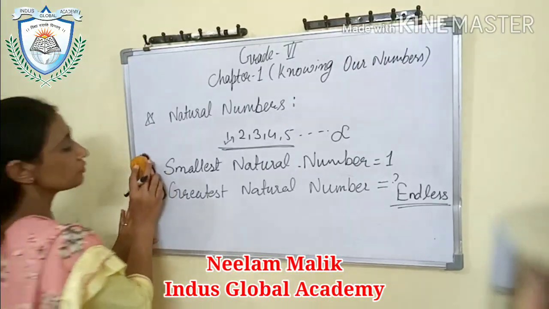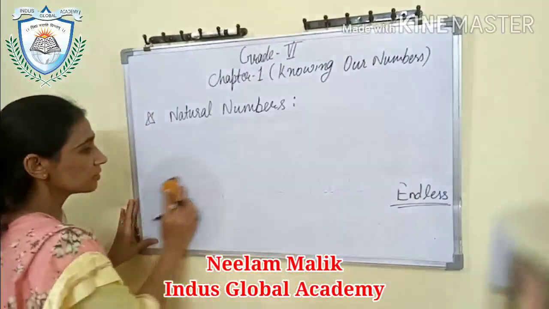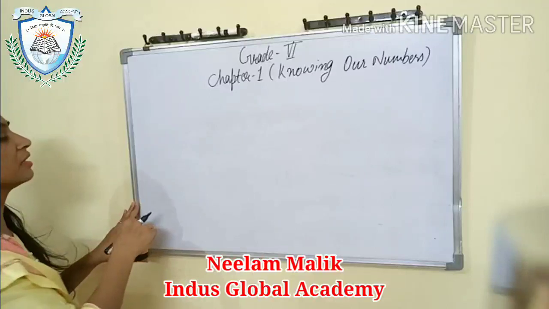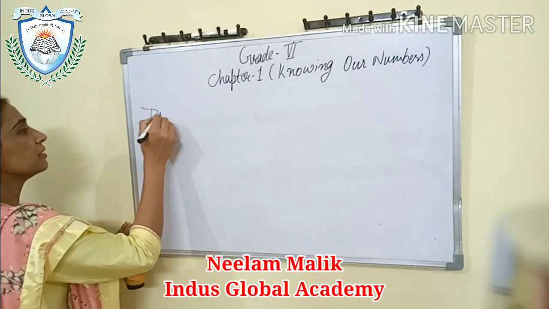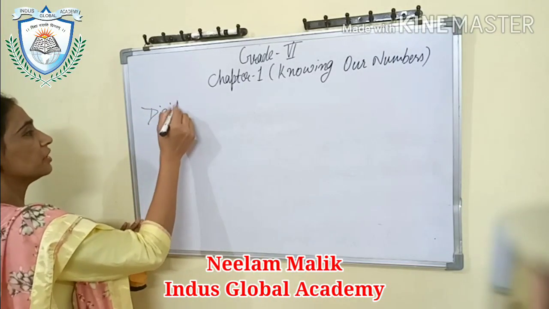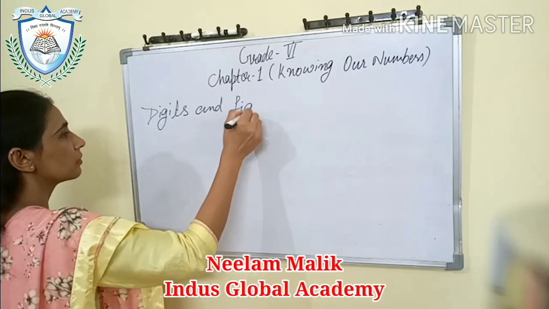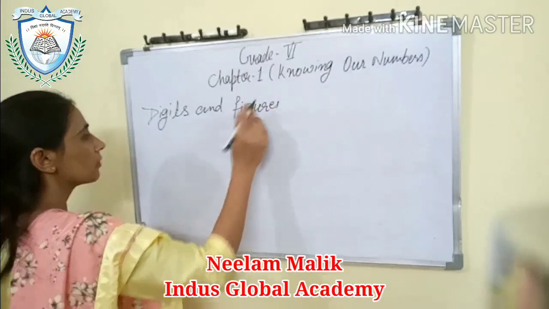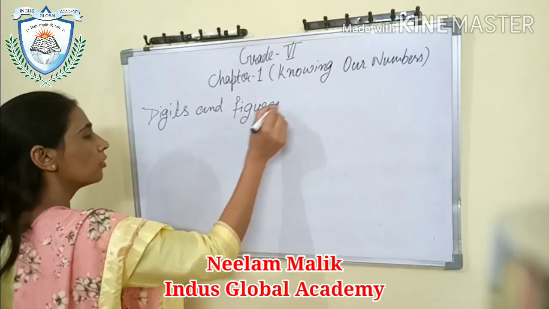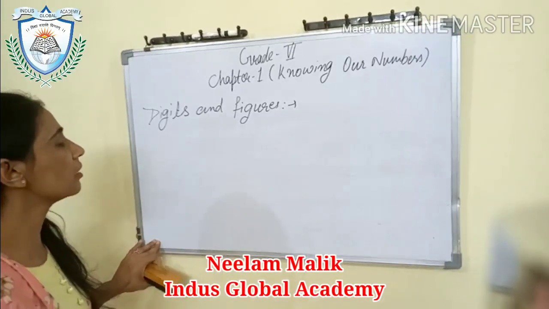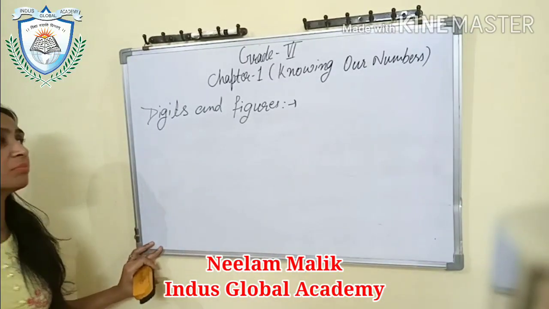Next is digits and figures. When you are writing any number, when you are representing any number, you are using 10 symbols for that.